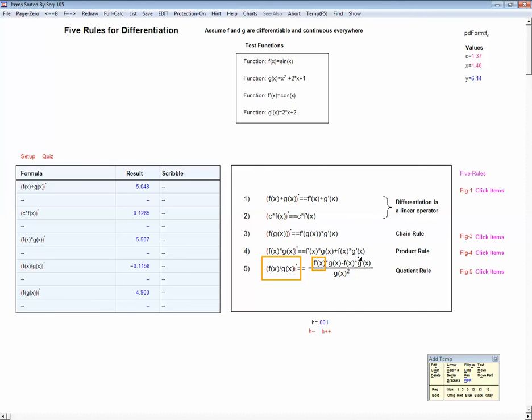And then over here we have the g prime, and the f is just carried along. So it looks sort of like the top, except there's a minus instead of a plus. And on the bottom, there's actually a g of x squared, where g of x is the thing on the bottom over here. That's the denominator of the thing we started with. So that's the quotient rule, and we'll prove that in a second.